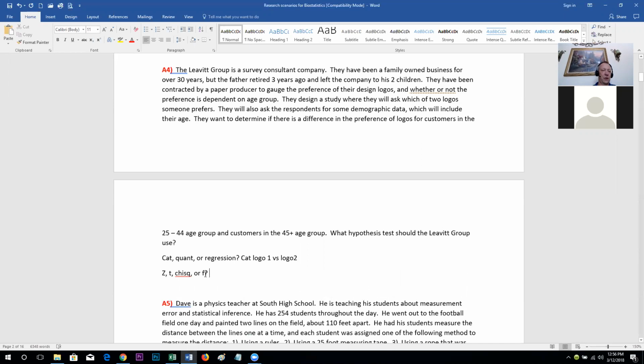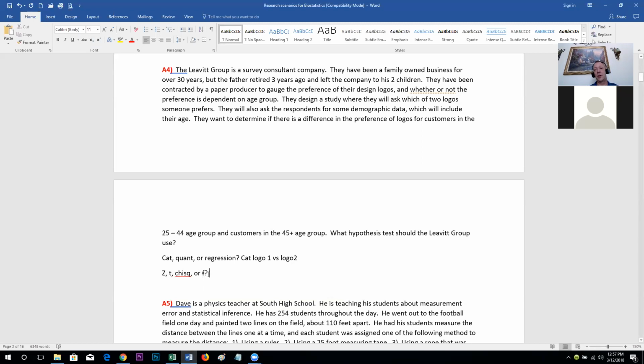Okay, we'll cross that one out. It's not a Z-score, though, because we're trying to figure out the differences between logo 1 and logo 2. I'm honestly saying it's a t-test.